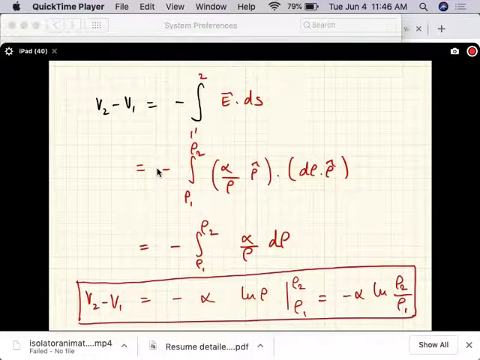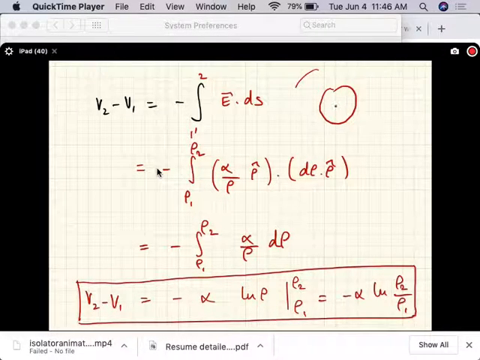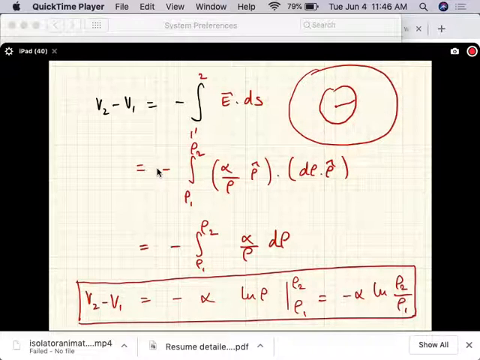All right, so let me go back to this diagram. Here is a top view. Here is the origin, and these are the various radii, rho 1, rho 2. Remember the electric field was pointing in that direction. The electric field points in the direction of decreasing potential, so potential at this point should be higher than potential at that point.